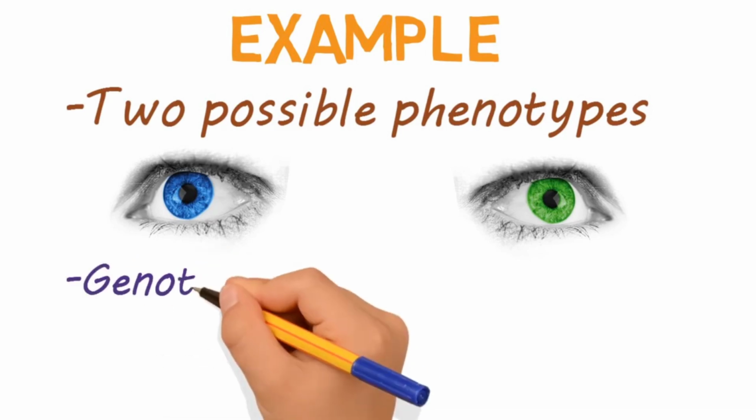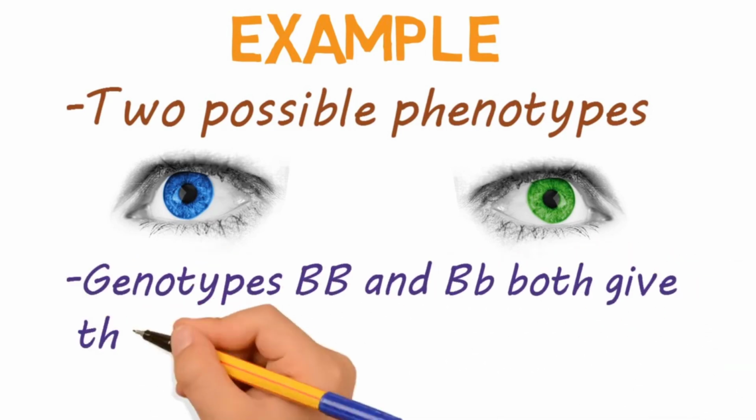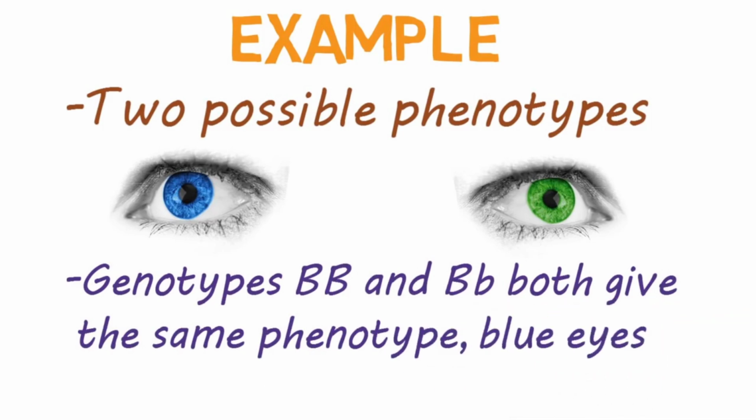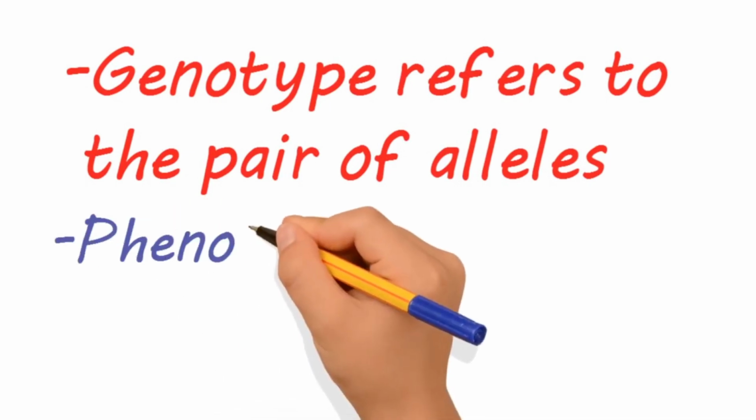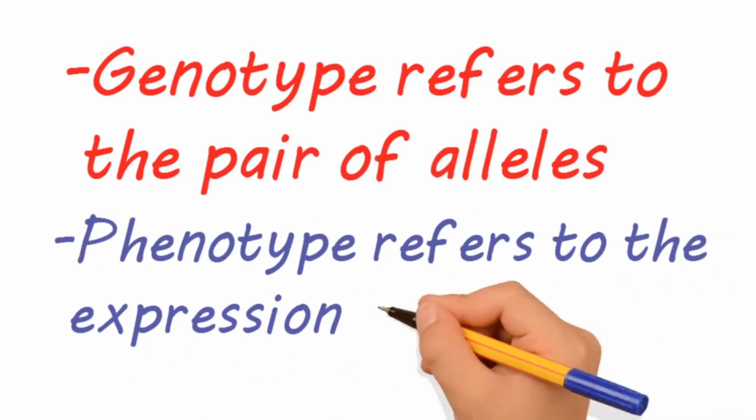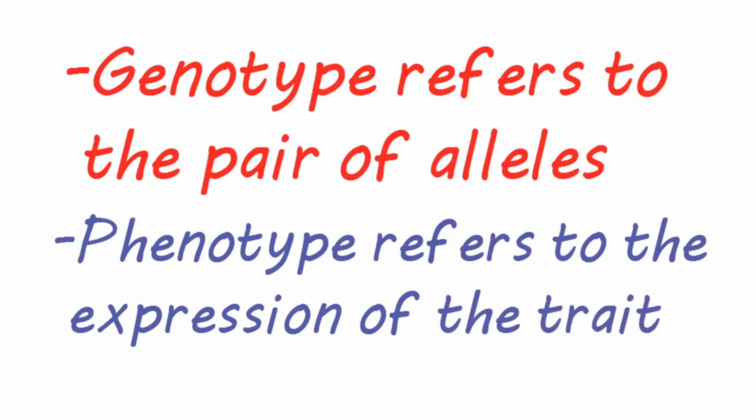The genotypes big B big B and big B little b both give the same phenotype, blue eyes. So the phenotype is just the expression. To recap, the genotype refers to the pair of alleles for a trait, the specific letters, and the phenotype refers to the expression of that trait, how it looks or how it functions.